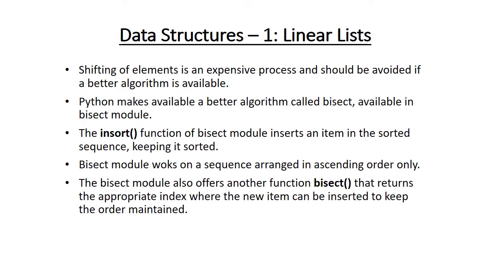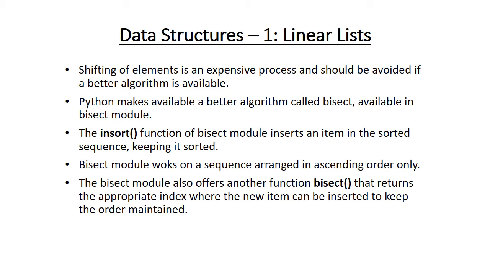Shifting of elements is an expensive process and should be avoided if a better algorithm is available. Python makes available a better algorithm called bisect, available in the bisect module. The insort function of the bisect module inserts an item in the sorted sequence, keeping it sorted.